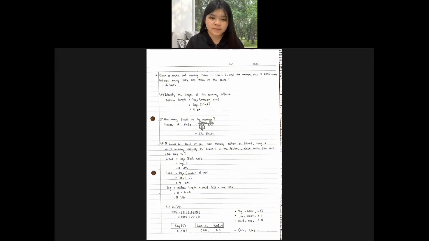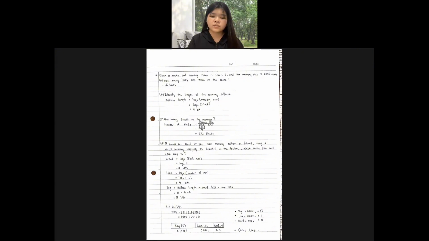And for question D, if words are stored at the main memory addresses as follows, using direct memory mapping as described in the lecture, which cache line will each map to? So first we will find the word, line and tag using the formula, and then we change the address into binary and split into the 3 parts.